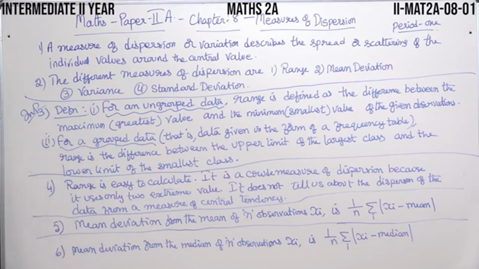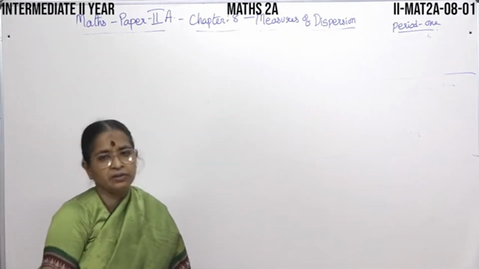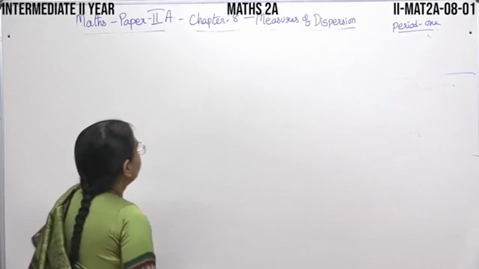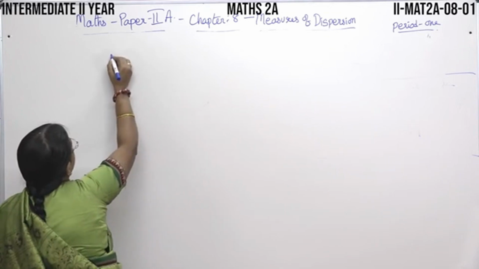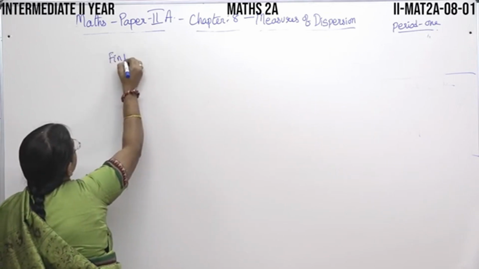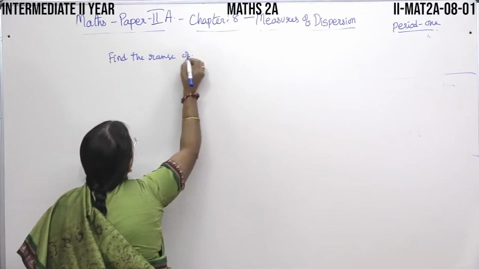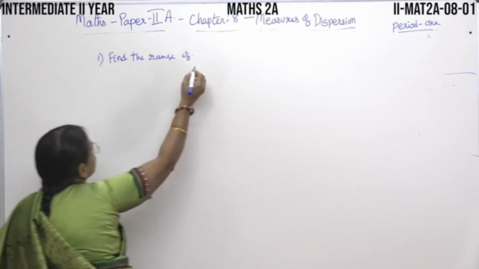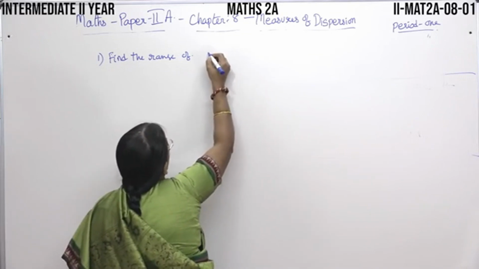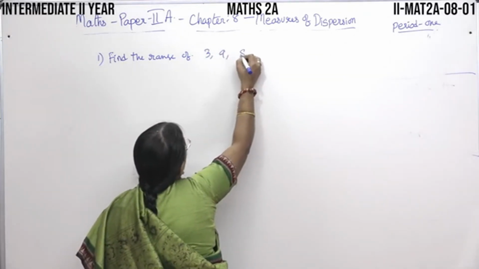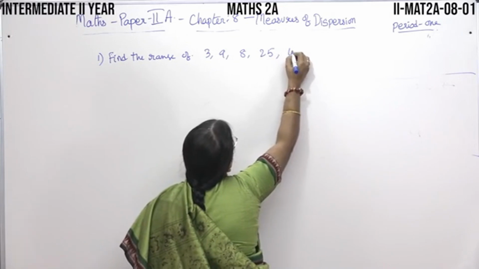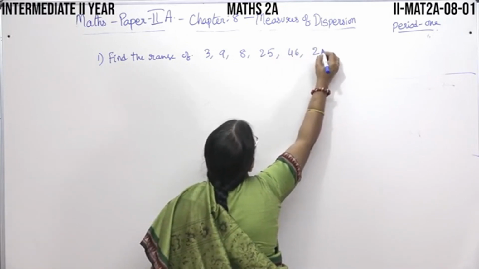Okay. Now we'll do the problems. We'll find the range for 3 kinds of data. Suppose the question is: find the range of 3, 9, 8, 25, 46, 22.